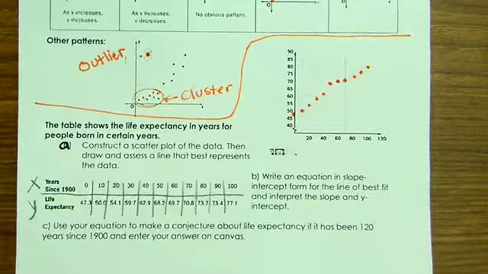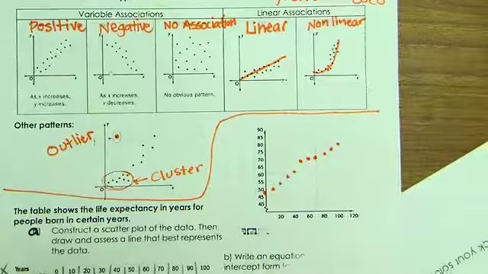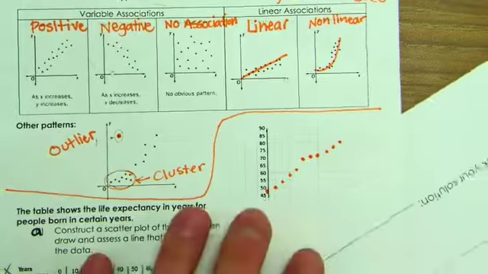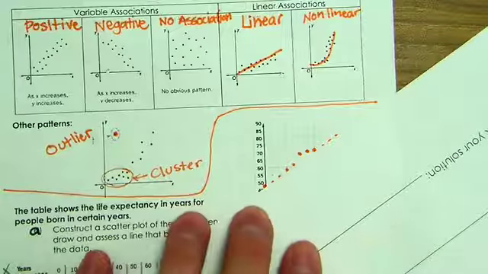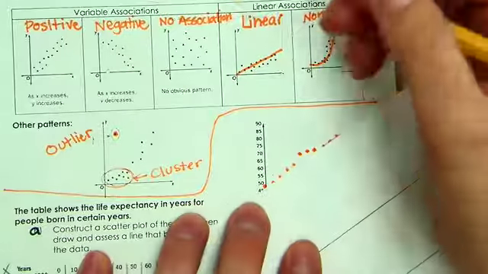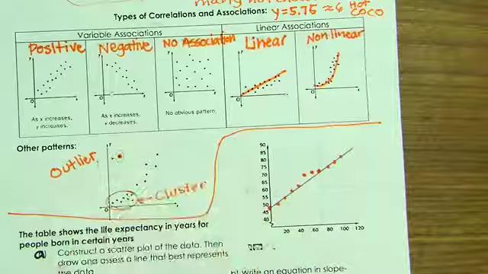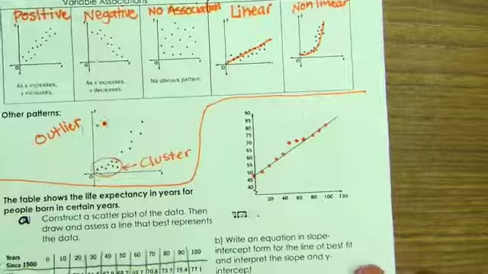Now we're going to draw a line that best represents the data. Awesome, so our points are gathered around that line pretty well.